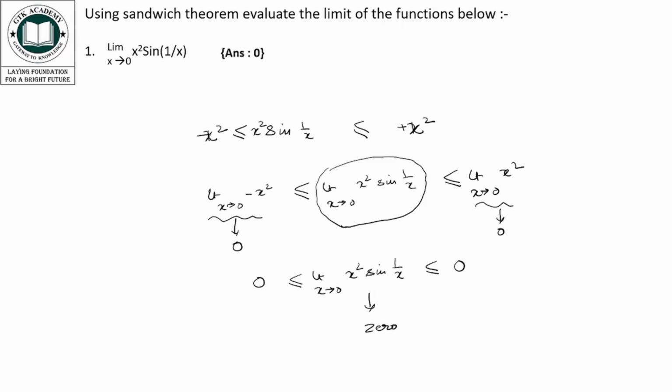So that's the answer. Here we have to find the limit x tending to infinity of x plus 7 sine x upon 13 minus 2x. Here we have a trigonometric function, that is sine x. So we'll take the help of the property of sine x, that is sine x will always be greater than or equal to -1 and less than or equal to +1.